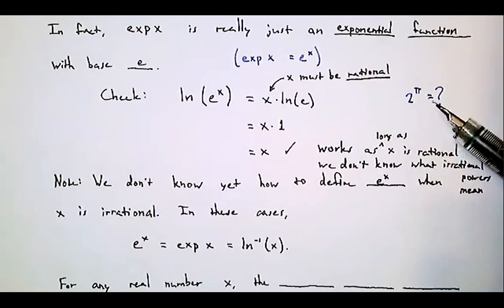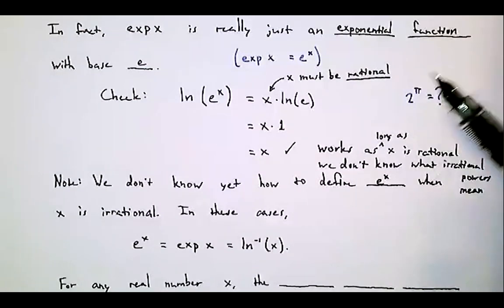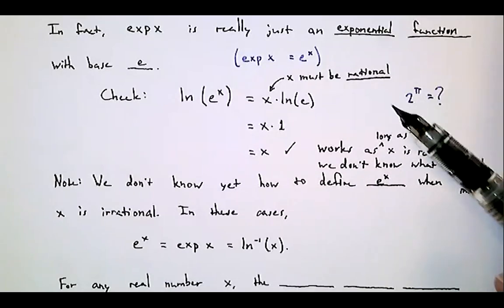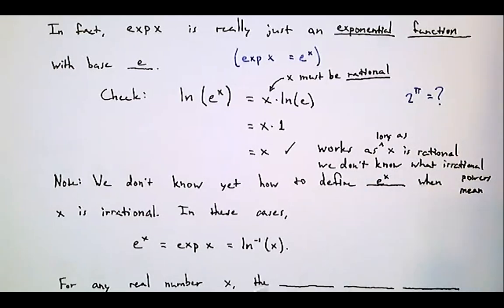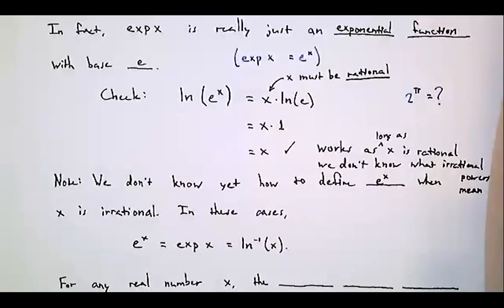But if you have 2 to the pi, there's no really good way to think about this using those simple ideas of multiplying and square roots and that kind of thing. We actually have to use this much more complicated idea. We actually use this inverse function to define them.